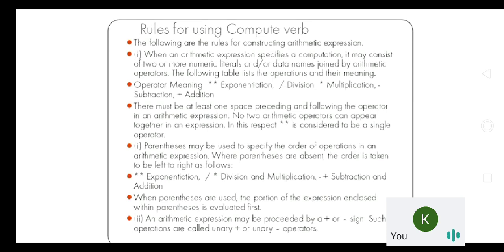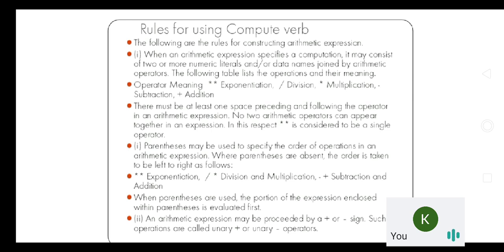And then here they are listing out various operators. For exponentiation you have to use two asterisk symbols, for division the slash symbol, for multiplication a single asterisk, for subtraction minus, and for addition the plus symbol. So these are the various operators that you could use along with your arithmetic expression. And then this is a very, very important rule.